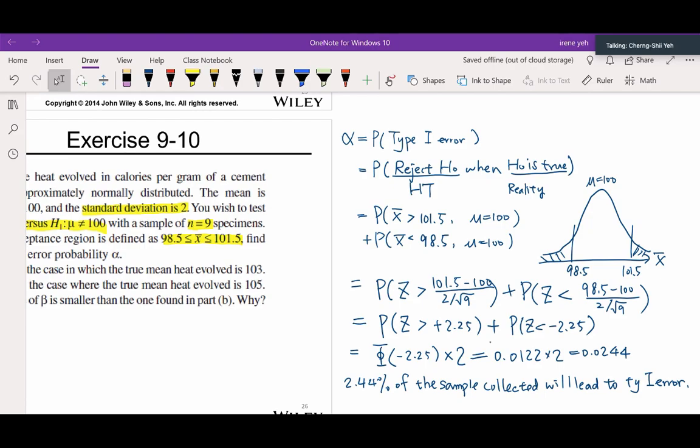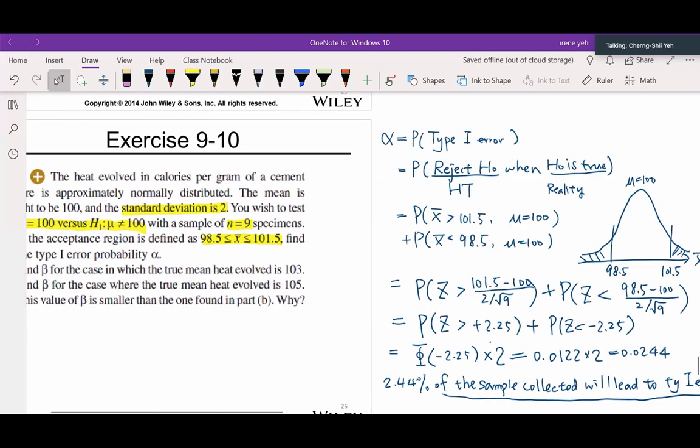You can use that probability in different ways. I think what I'm going to do is ask you what percentage of the sample will lead to type 1 error, and you can reply with either 0.0244 or 2.44%. Okay.